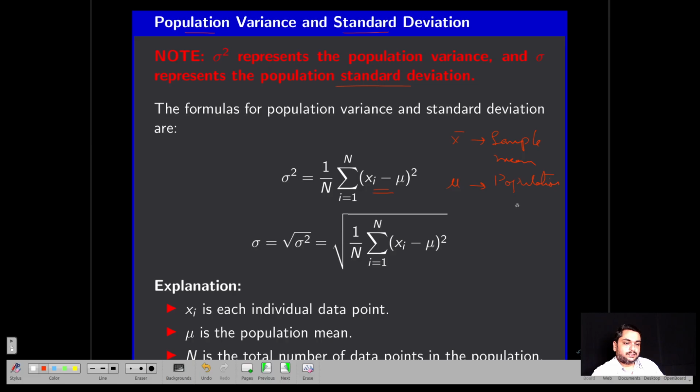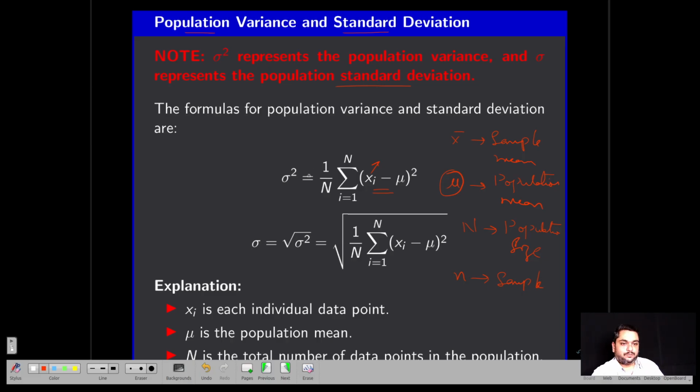So when I'm calculating population variance and population standard deviation, I have to use the population mean, not the sample mean. Similarly, if there are xn points, the population size is capital N, the entire population I'm talking about, not a sample. Small n means sample size.